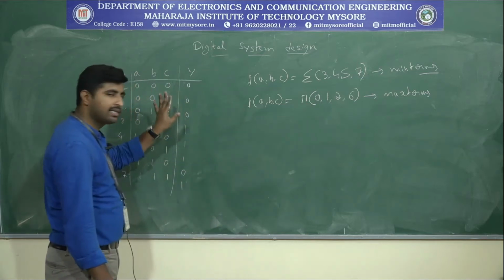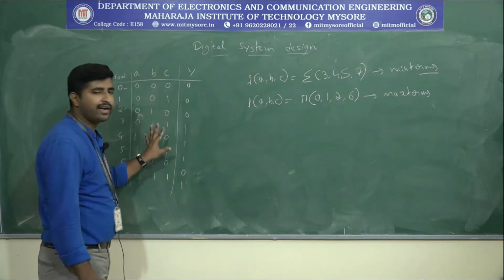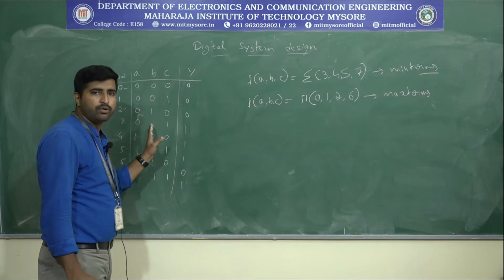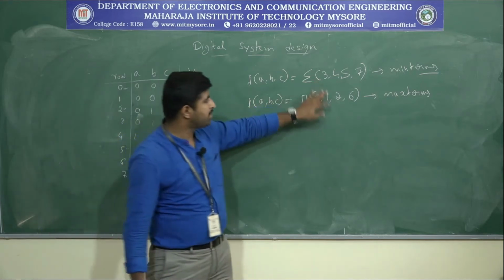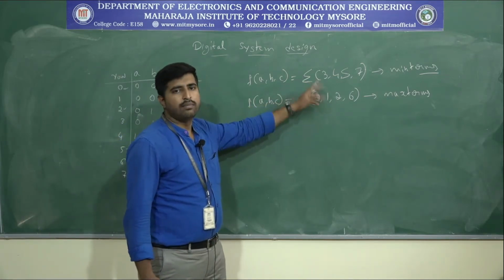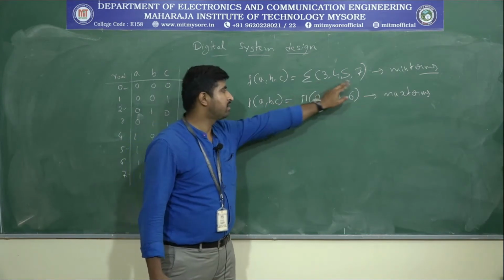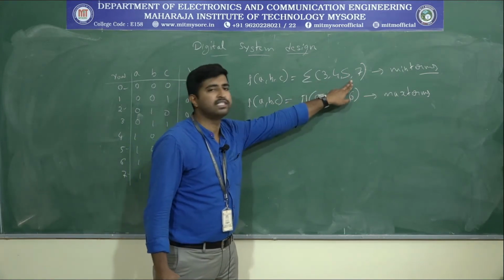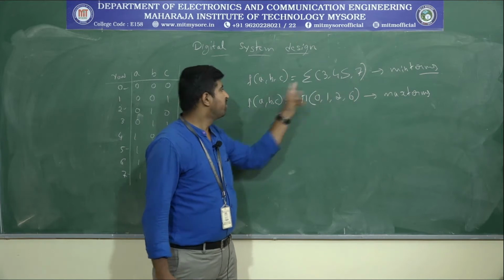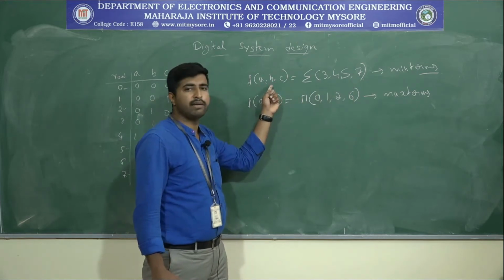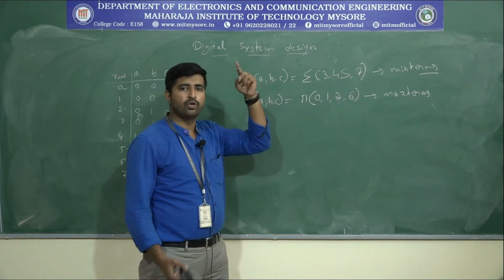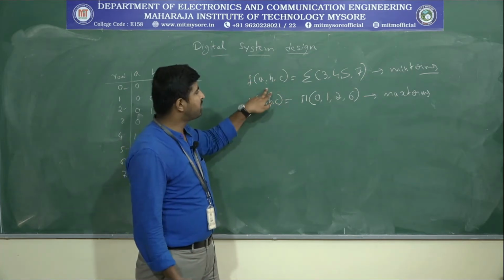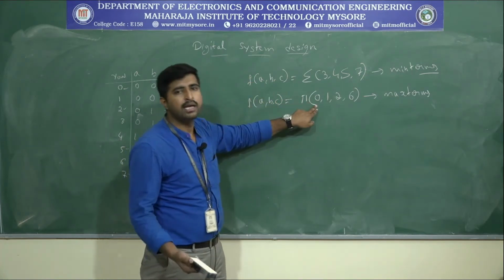If you write for the same truth table, the min terms and the max terms will always be opposite. Wherever the output is 1, 3, 4, 5, 7 is there. Which are missing? Because there are 3 variables, meaning 8 combinations, that is 0 to 7. So whichever values are missing, those become the max terms.